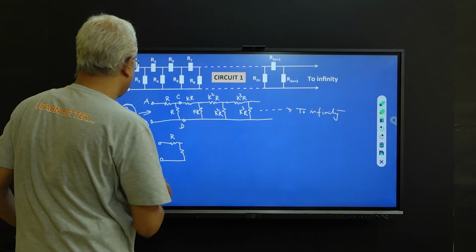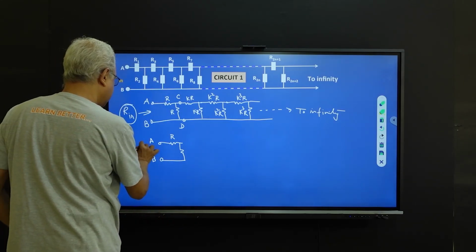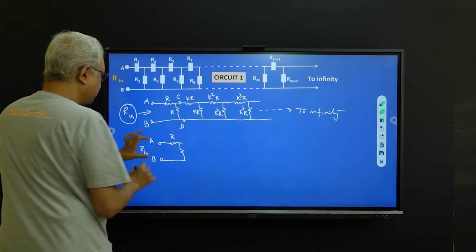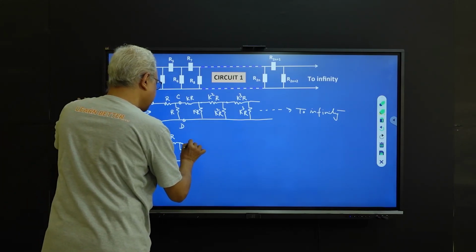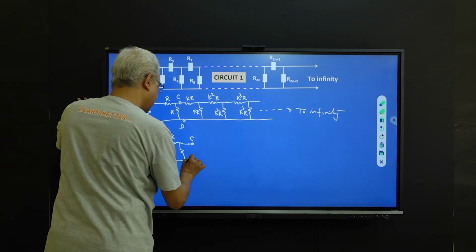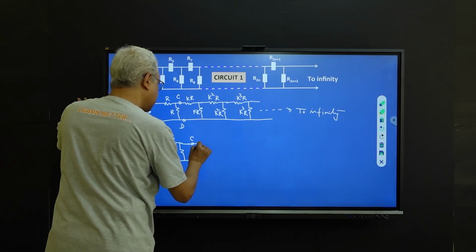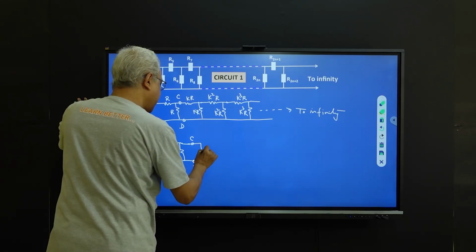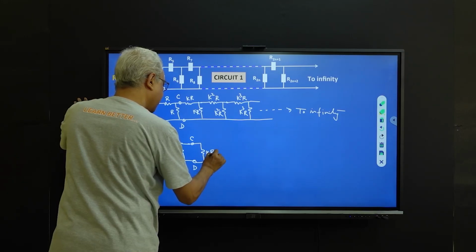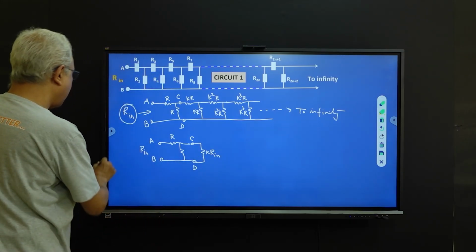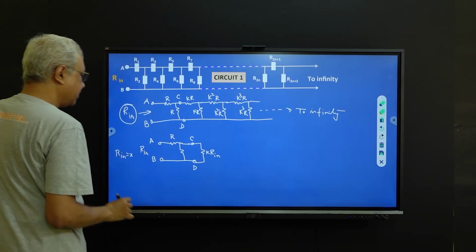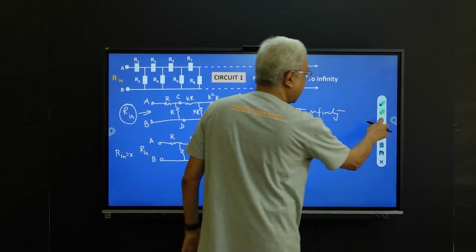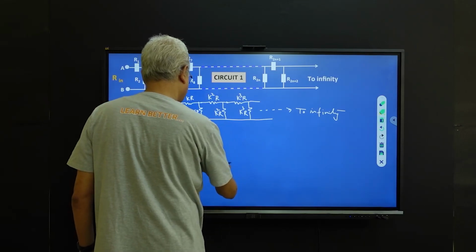And if it is RE between A and B, then between C and D, the equivalent circuit will be K times RE. If I call RE as X, then I can call this Kx.